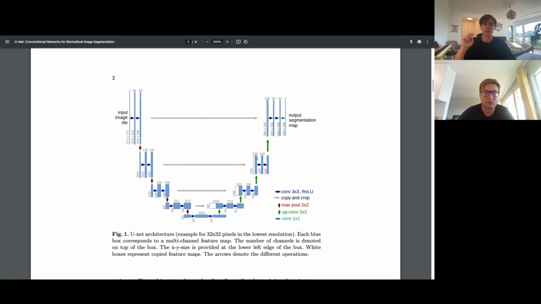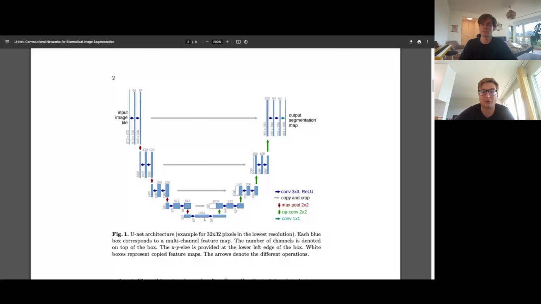Are any of those worth highlighting, or what was the reason for deviating slightly? I think this is also fully convolutional. There are some variants that, at the bottleneck, really at the bottom of the U-Net, apply, for example, linear layers, and then you're bound to the input image size.